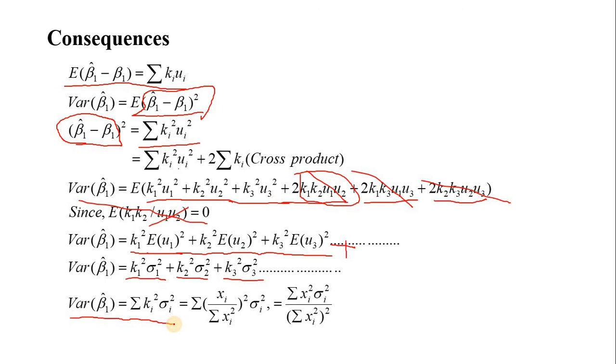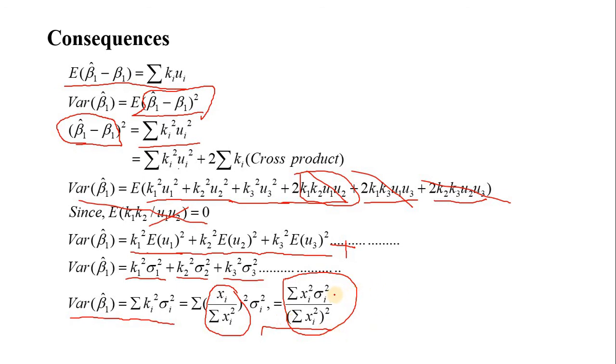What is ki? ki is nothing but xi divided by sigma xi square. So the variance will be sigma xi square sigma i square divided by sigma xi square whole square.